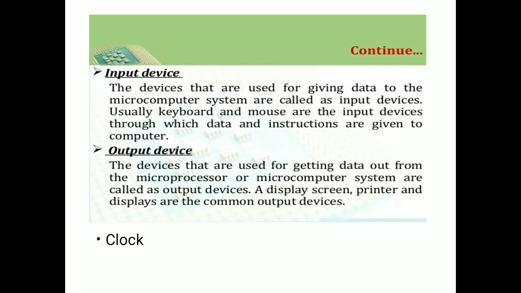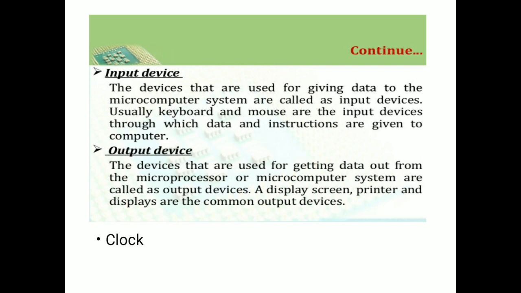And the last term that I'll be discussing is clock. The circuit in the computer that generates the sequence of evenly spaced pulses to synchronize the activities of the processor and its peripherals is called clock.